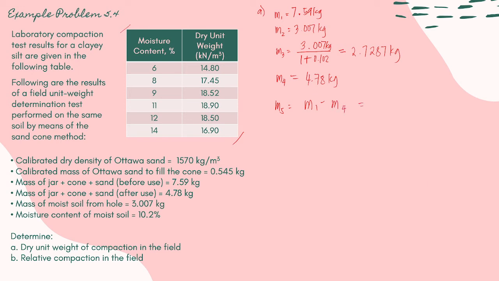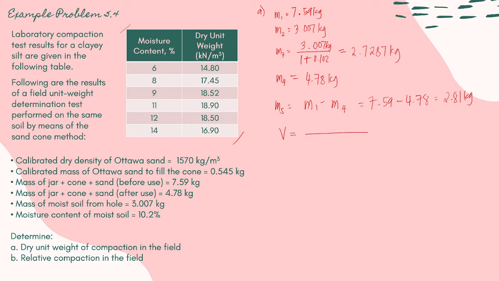So this is equal to 7.59 minus 4.78, which is equal to 2.81 kilograms. Now that we know the mass of the sand to fill the cone and the hole, we can now calculate the volume of the hole.